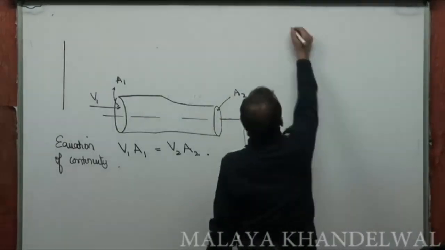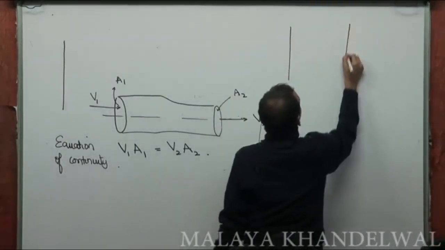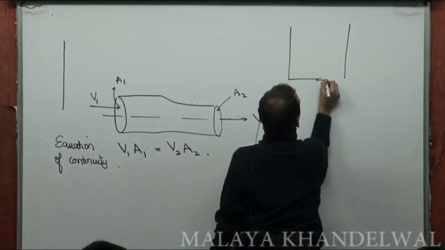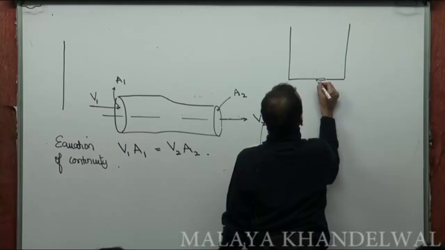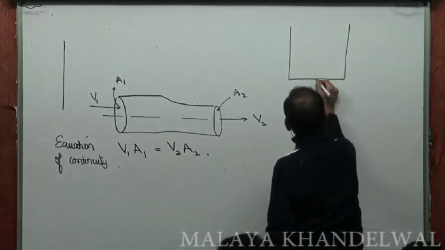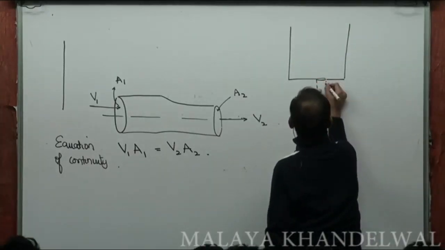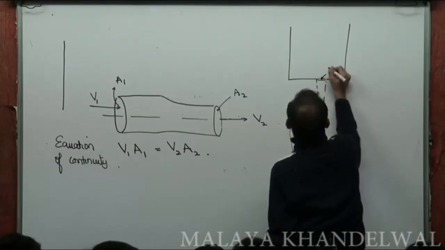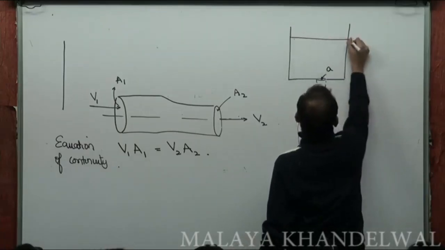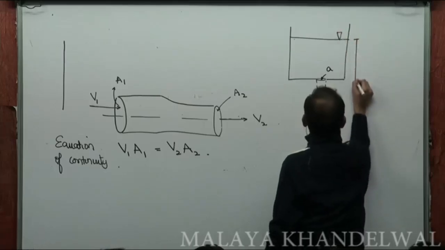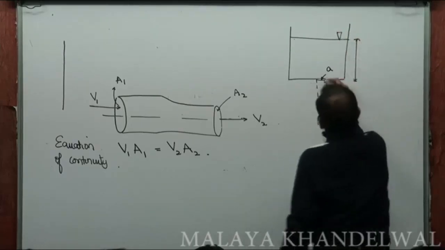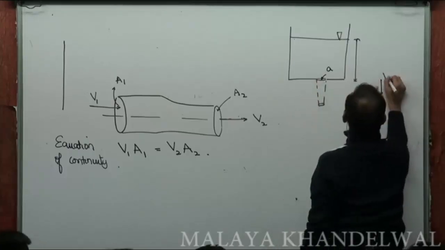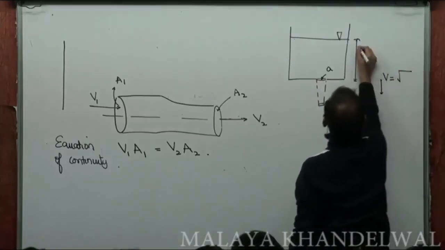Now, suppose there is a vessel and there is a small orifice at the bottom, and there is a flow occurring. The area of the orifice is small a. Now the velocity of efflux here at this area small a is root 2gh, suppose this is h.